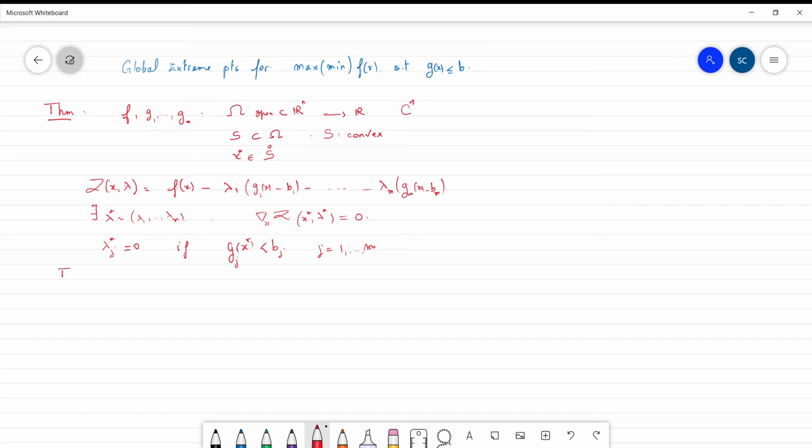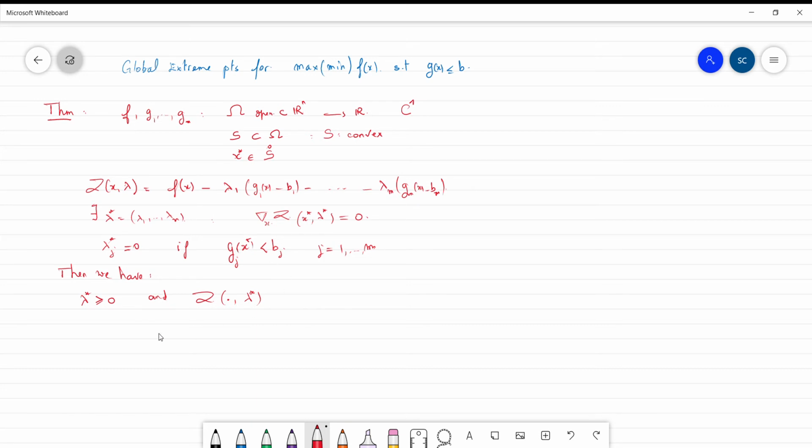Then here is the conclusion. If we have lambda positive, so either they are positive or negative. So if all the components are positive, and the Lagrangian function in x, applied at these corresponding lambda star you found, because when you solve, usually we find different critical points with corresponding lambda star.